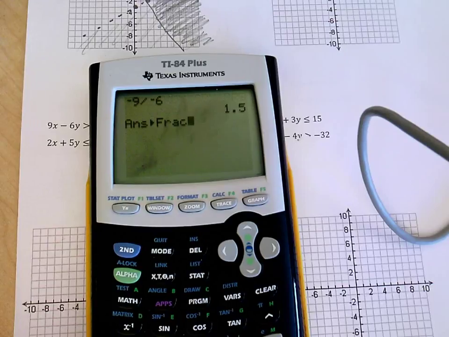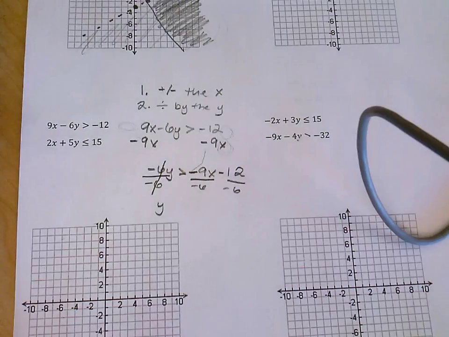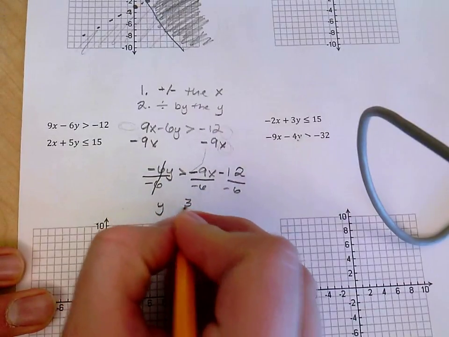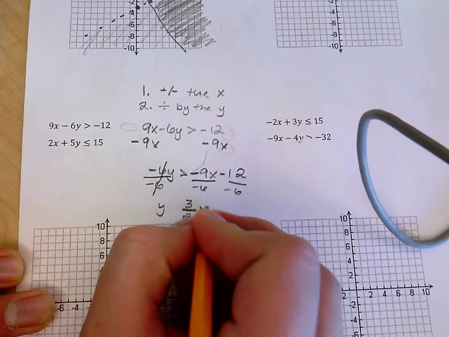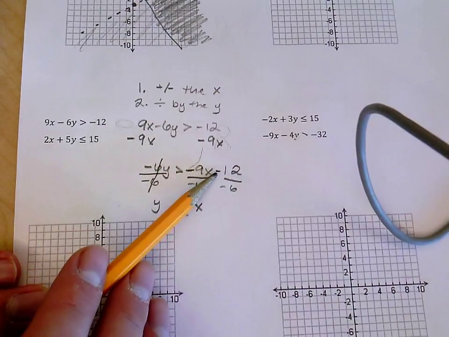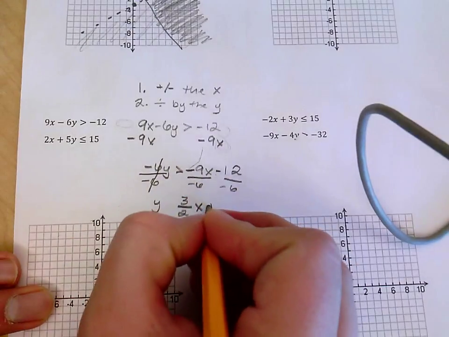So it's going to take my answer, which is 1.5, and turn it into a fraction. Press enter. It gives me 3/2. So that means that this -9 over -6 reduces down to a positive 3/2. And let's not forget our x. Last but not least, -12 divided by -6 is going to give me a positive 2.